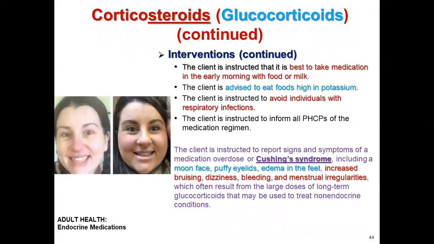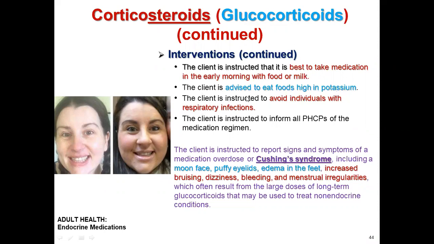What are the other interventions? The client is instructed that it is best to take the medication in the early morning with some food or milk. The client is advised to eat food high in potassium to avoid hypokalemia.